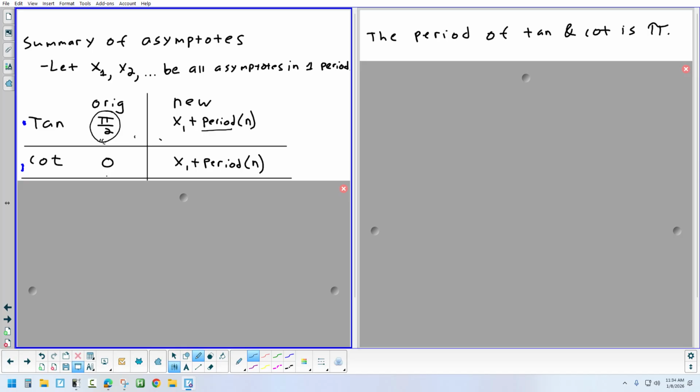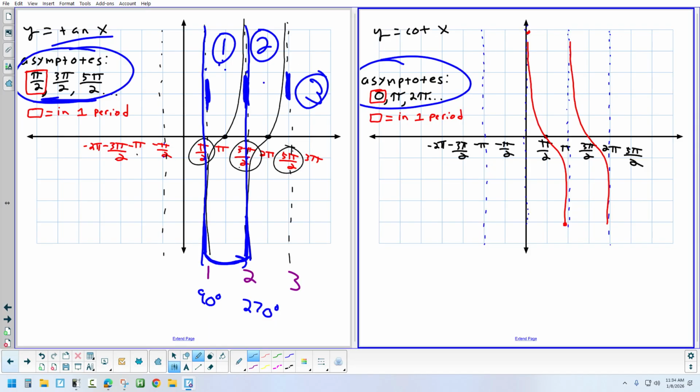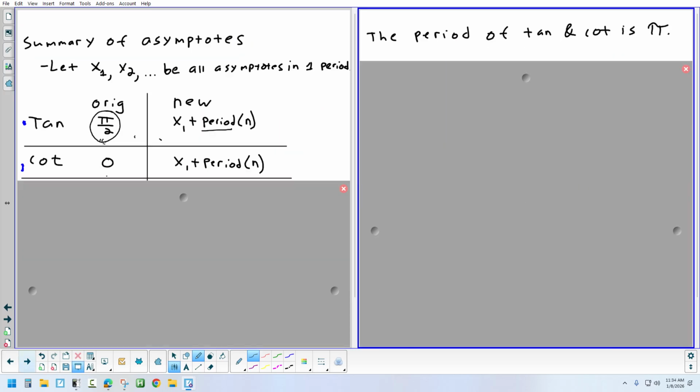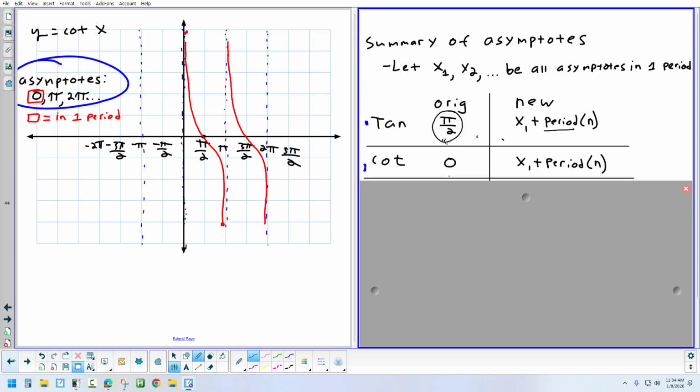Question on that? So if your first asymptote for cotangent is right here at 0, and the period length is pi, what would be the next asymptote after 0 for cotangent? Yep, pi. What would be the next one after that? Yeah. 2 pi.